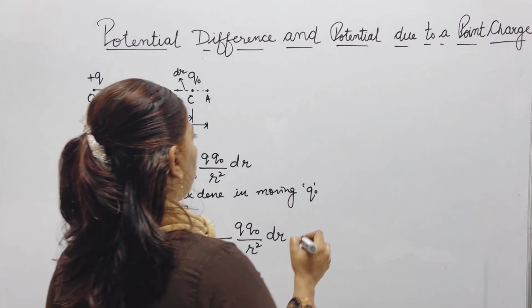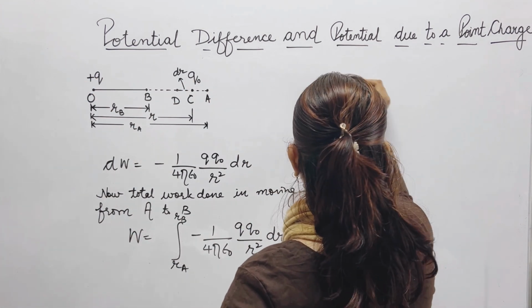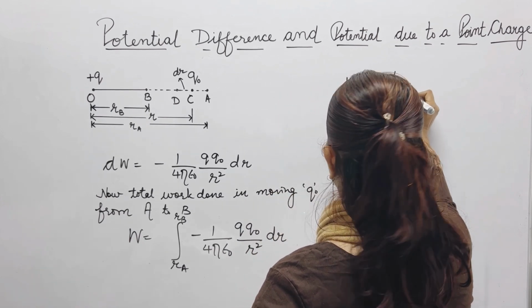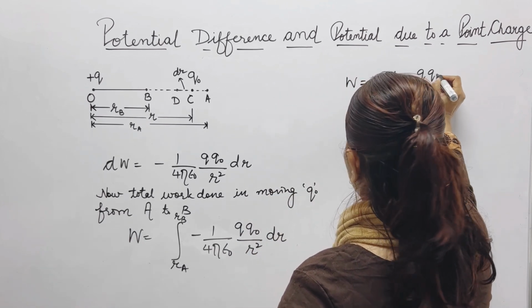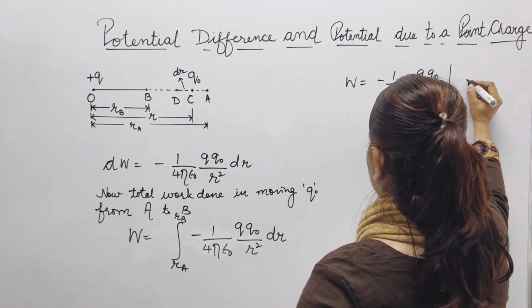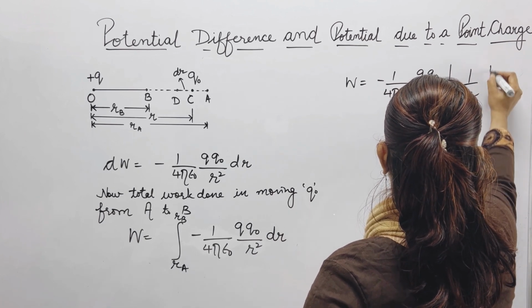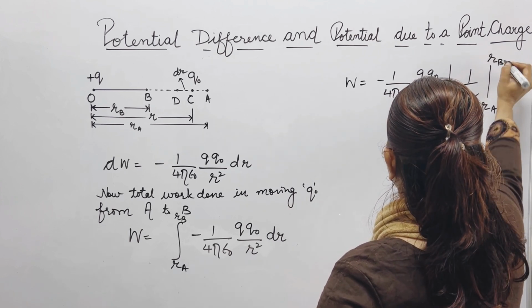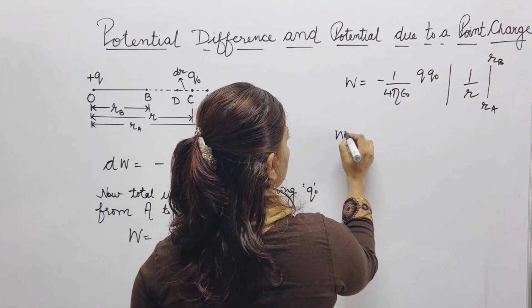So on integrating, we get the work done is equal to minus 1 by 4 pi epsilon naught q naught. Now on putting the limits, we get this.